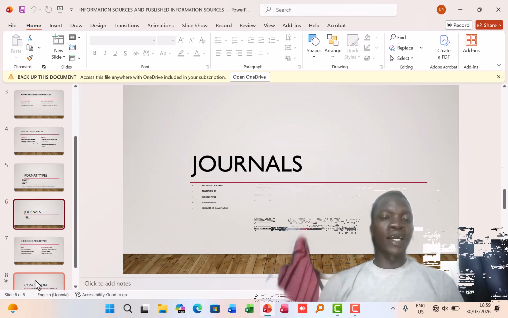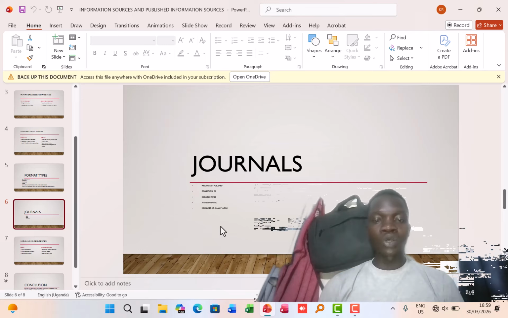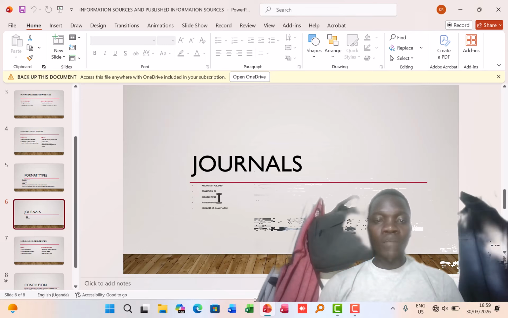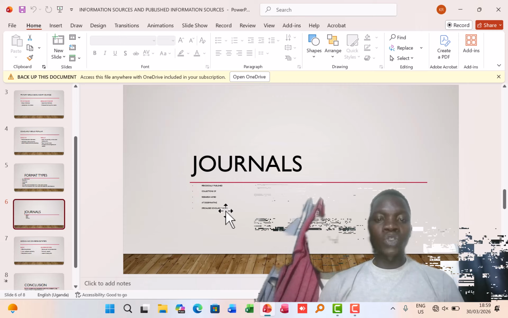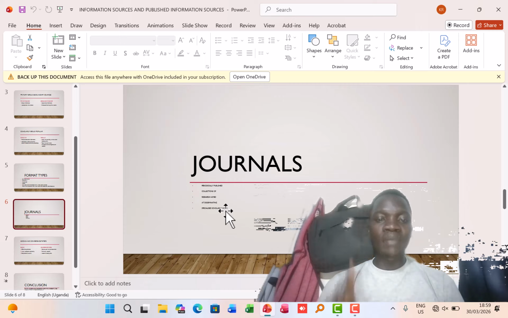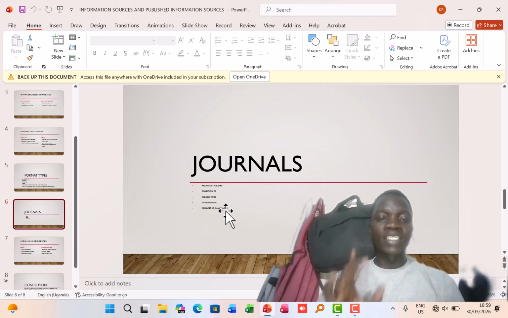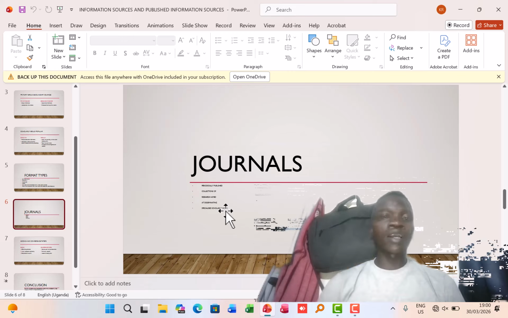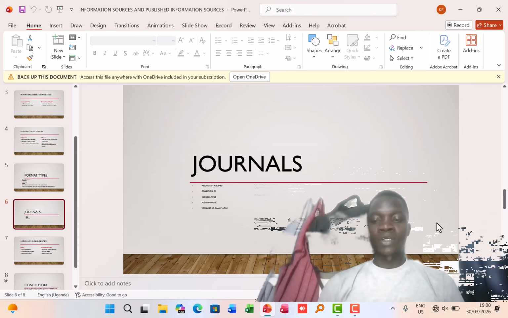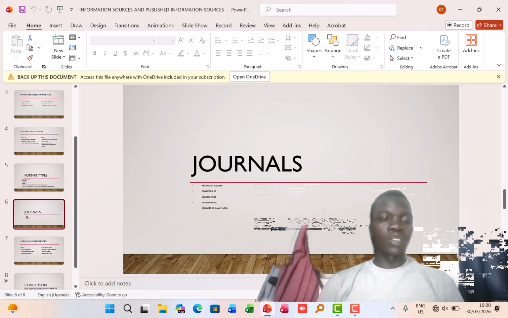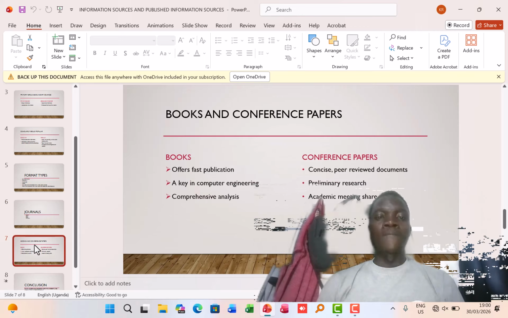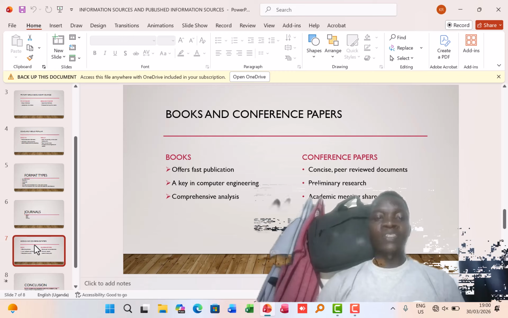We have examples of journals, which are periodically published collections aimed at disseminating specialized scholarly work. On top of that, there are books and conference papers.